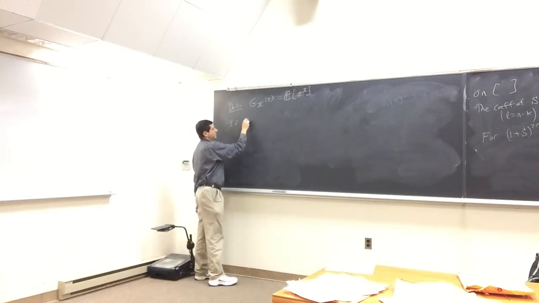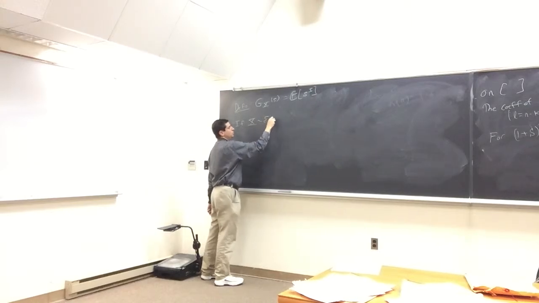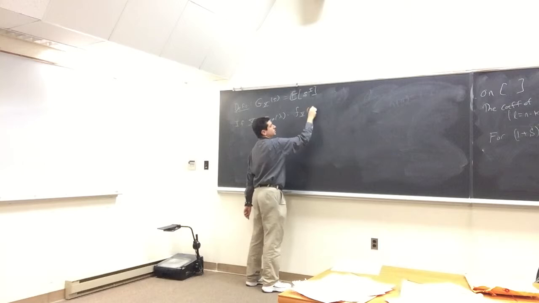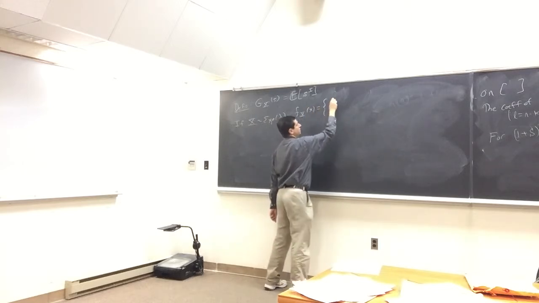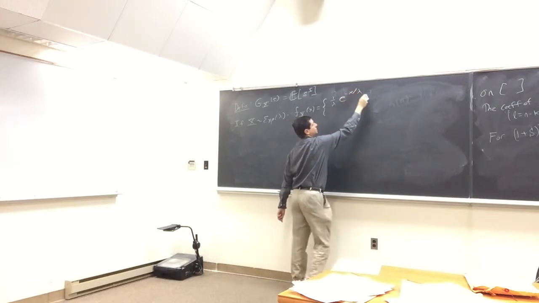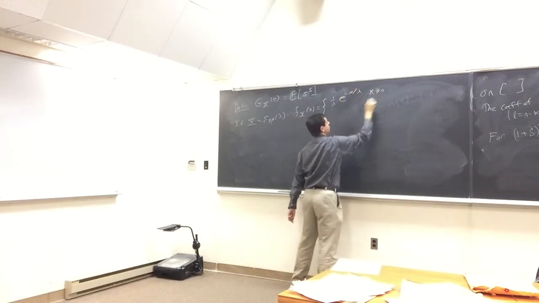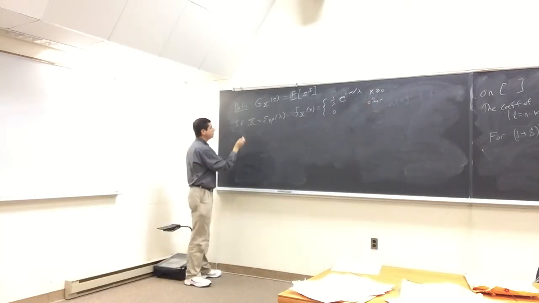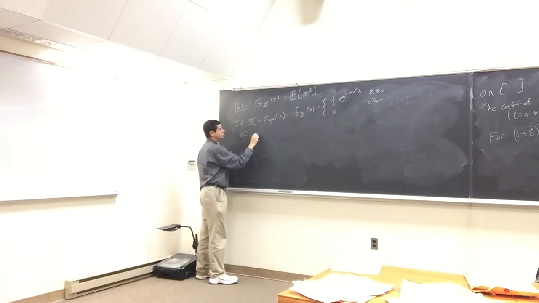So if x is exponential with parameter lambda, this means the density function is going to be 1 over lambda e to the negative x over lambda if x is greater than or equal to 0, and 0 otherwise. So now all we have to do is just do the algebra. And so this is all in the book.